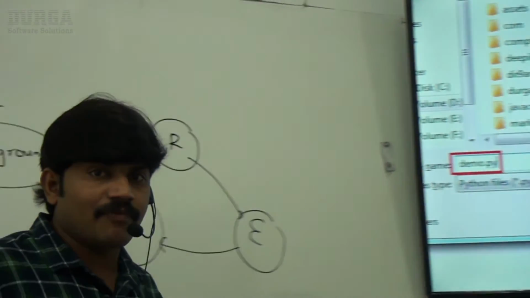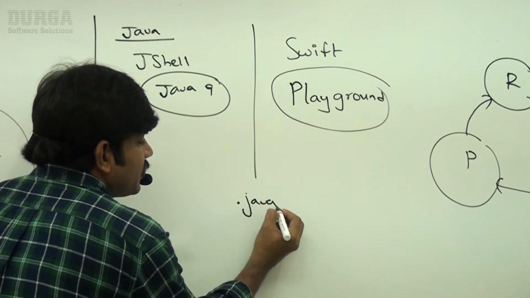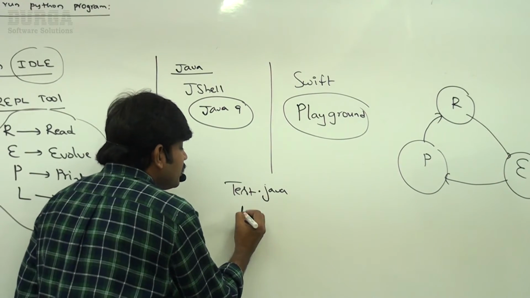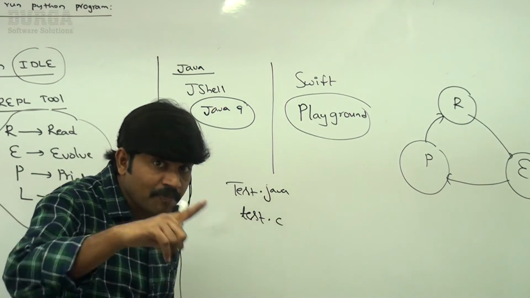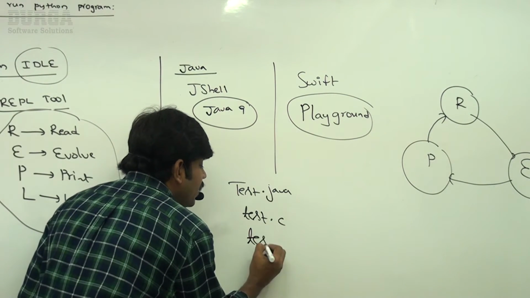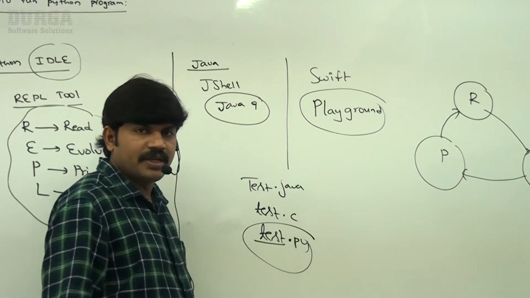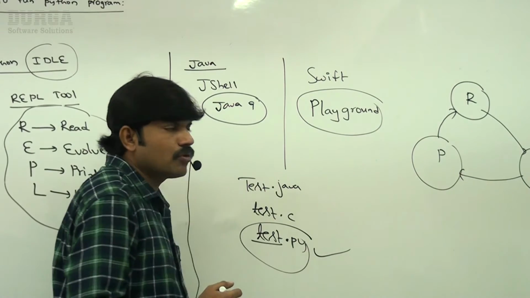If it is a Java file, we have to take the .java extension, Test.java. If it is a C file, then test.c. If it is a Python file, test.py. Any name, demo.py or test.py or sample.py, any name you can use, no problem at all.